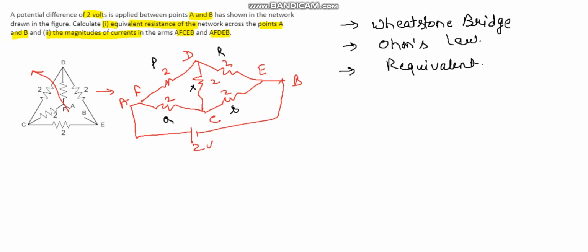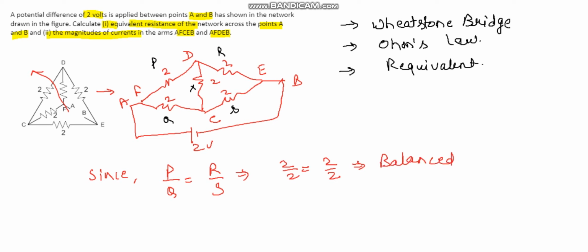So from the knowledge of Wheatstone bridge, I can say since P upon Q is equal to R upon S, which implies 2 upon 2 is equal to 2 upon 2, which implies a balanced Wheatstone bridge.